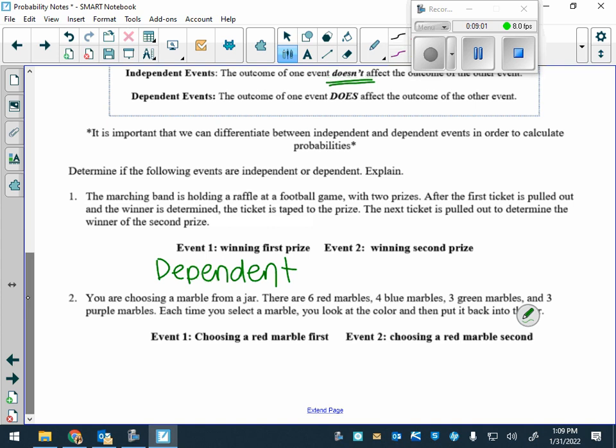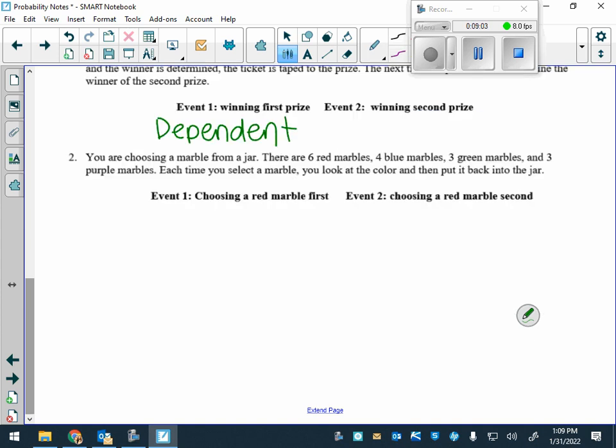All right, good. And the next one here. You are choosing a marble from a jar. There are 6 red marbles, 4 blue, 3 green, and 3 purple. Each time you select a marble, you look at the color and then put it back in the jar. Why?